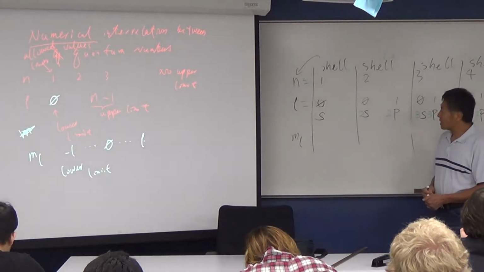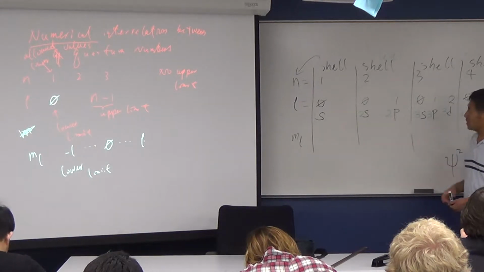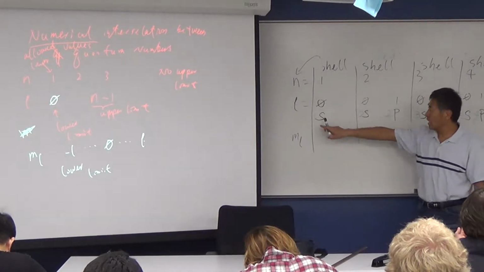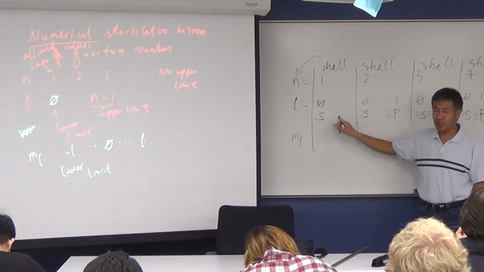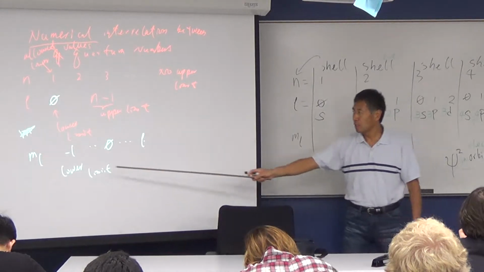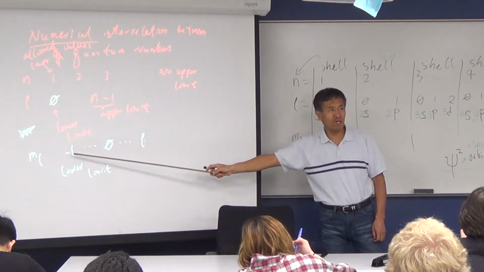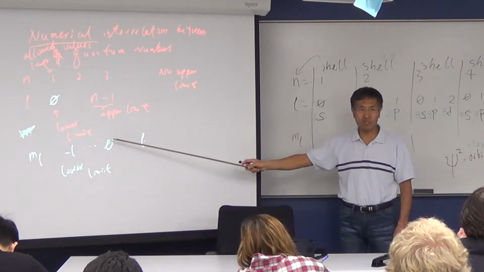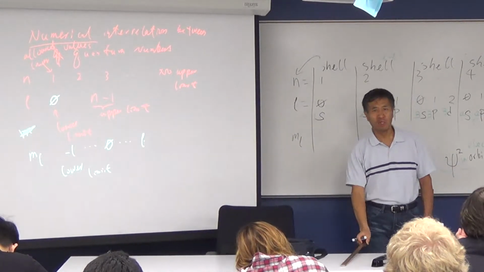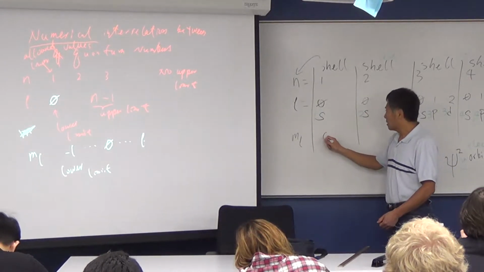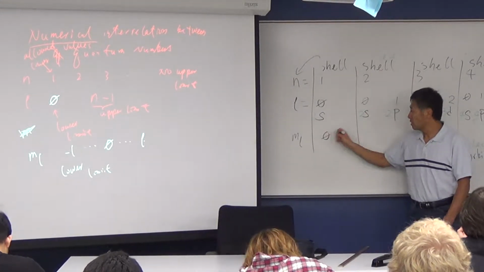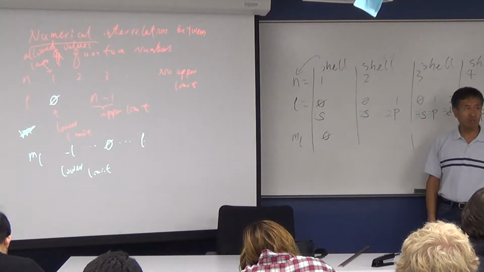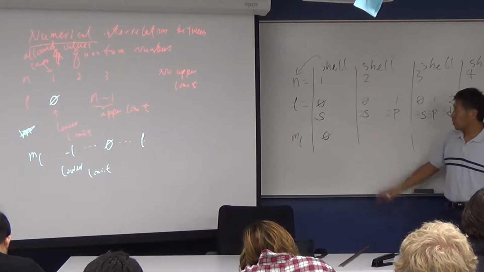So let's go back to this picture here. If you have n equal 1, your L is 0, so according to what we write here, ML can have the value from negative L, including 0, then go to positive L. So for this, you only have one number for ML. Why is that?